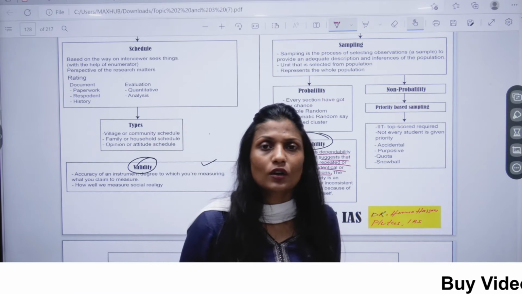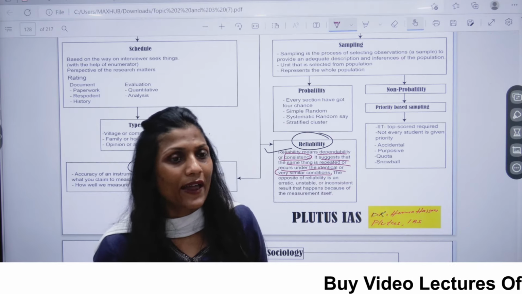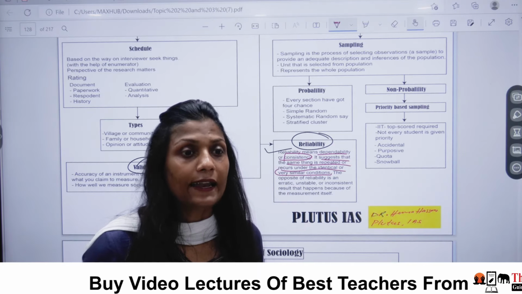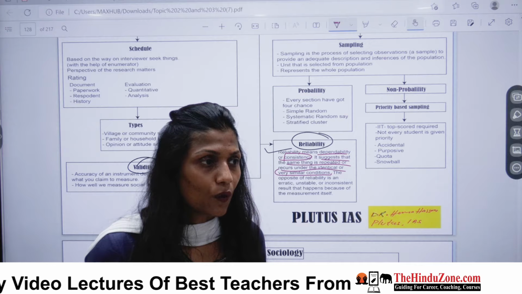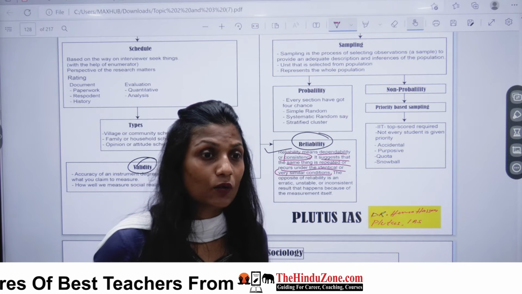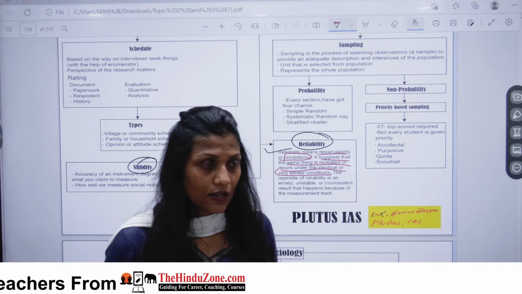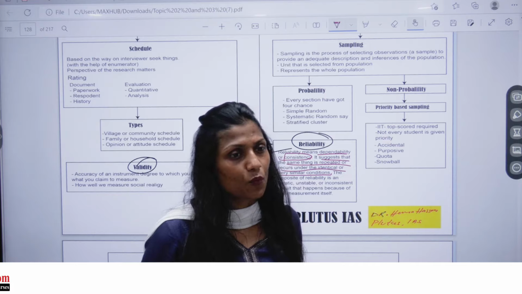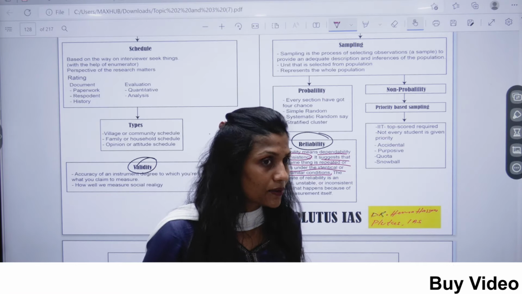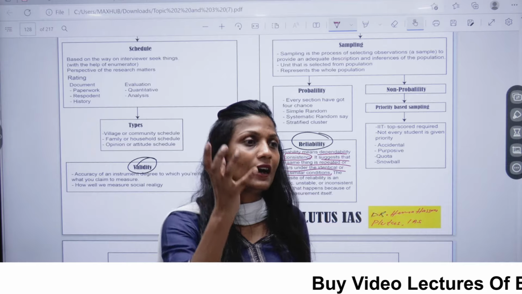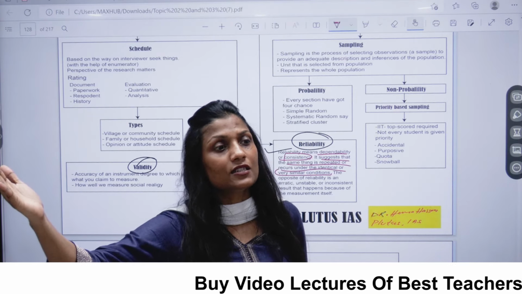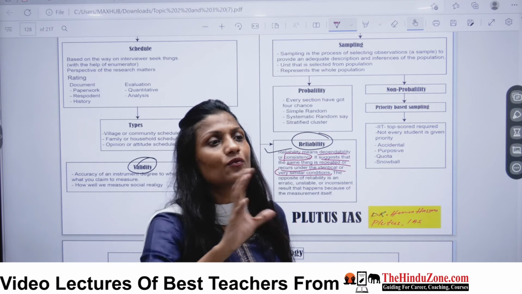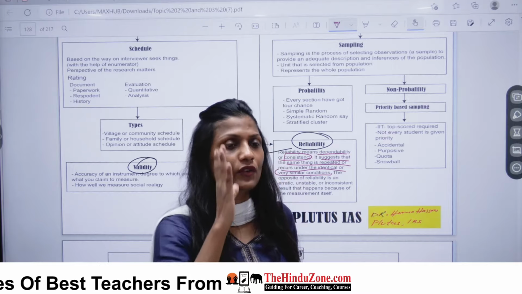It is not something I have analyzed, but if I conducted research on it, interviewing all of you and asking which portion of the sociology syllabus you find really difficult, and most of you said research methods and methodology, and the graph tilted towards it, I would say that most aspirants find it difficult.